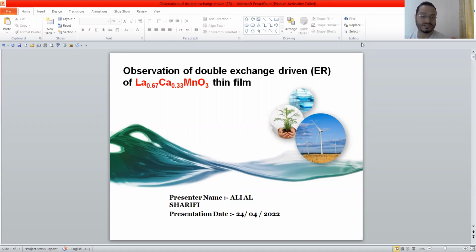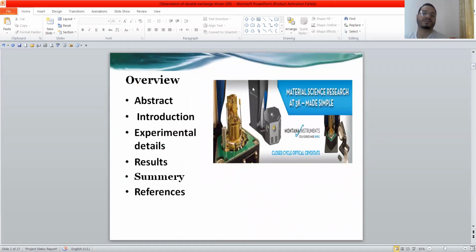The article title is Observation of Double Exchange Driving Electron Resistance to the Structure contained from Lanthanum, Calcium, Manganite, and 3 atoms of oxygen belong to thin film. Let's start.